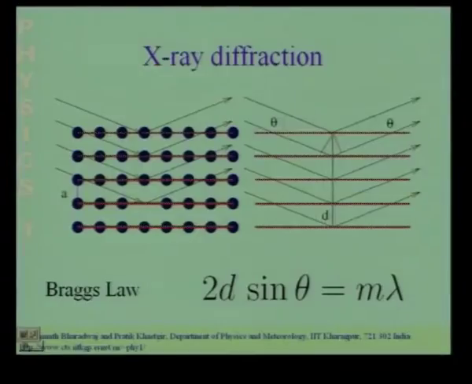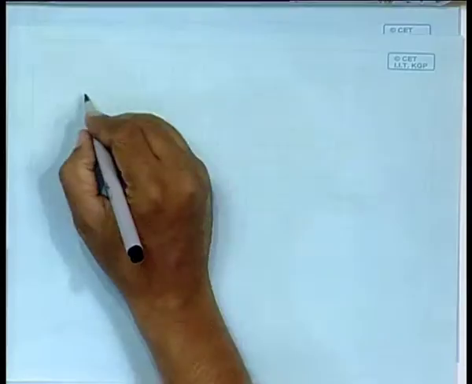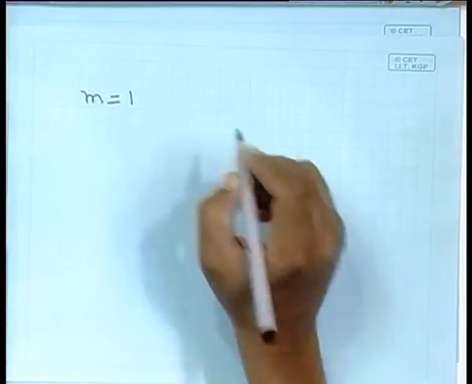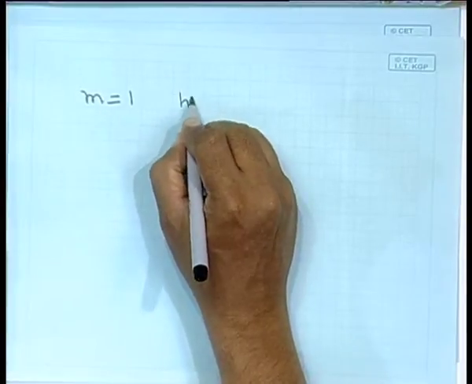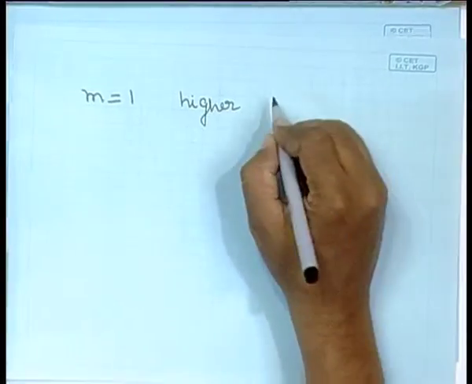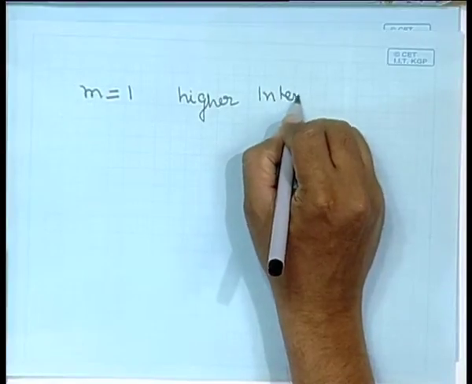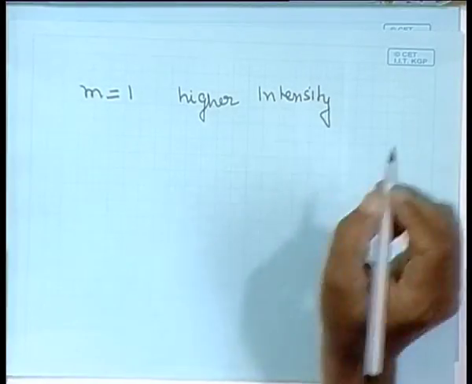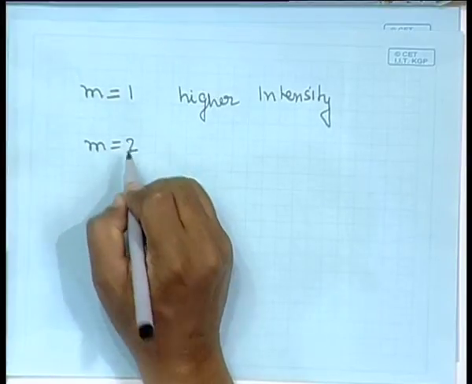People who do X-ray know that the intensity of the higher order maxima, m equal to 2, 3, 4, 5, etc., is much smaller than the intensity of the first order maximum. It is known that m equal to 1 has a much higher intensity compared to m equal to 2 and higher orders.